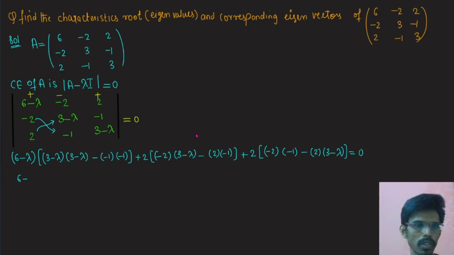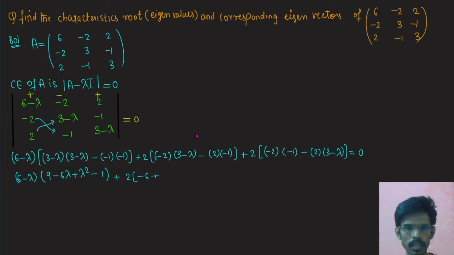Now solve this. 6 minus lambda, 3 minus lambda into 3 minus lambda will be 3 minus lambda square, so this will become 9 minus 6 lambda plus lambda square. Here I have a minus sign, minus will become plus. Now this will become minus 6.